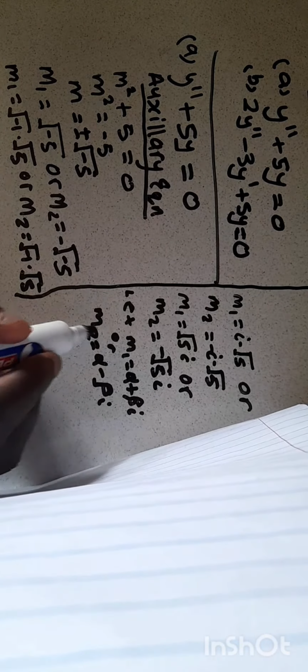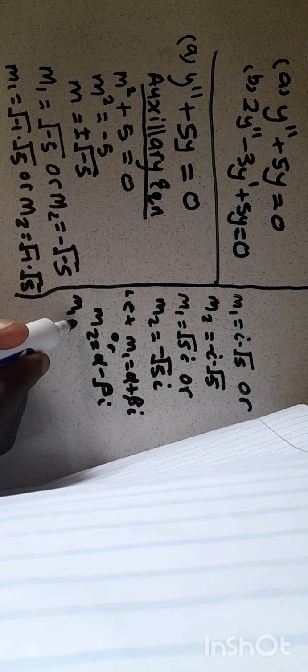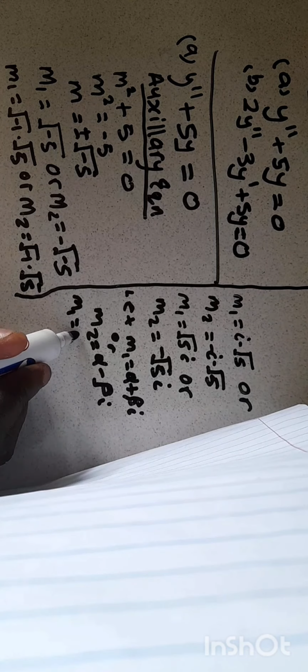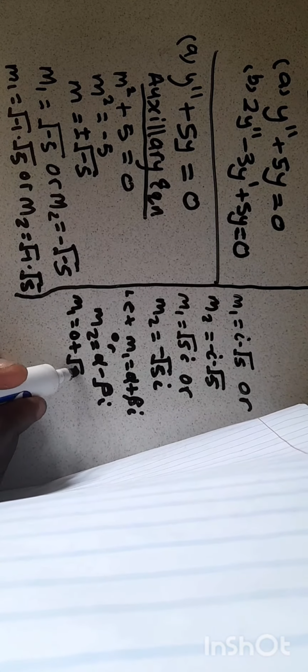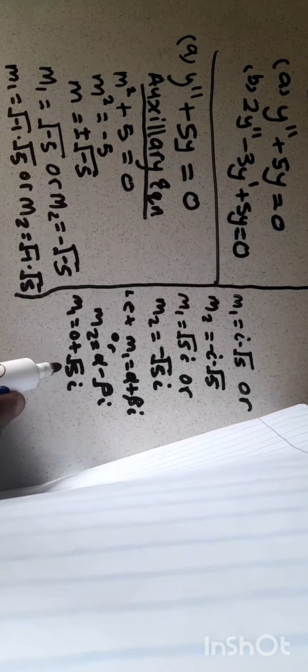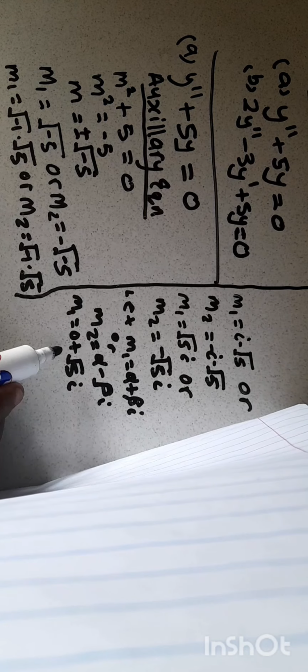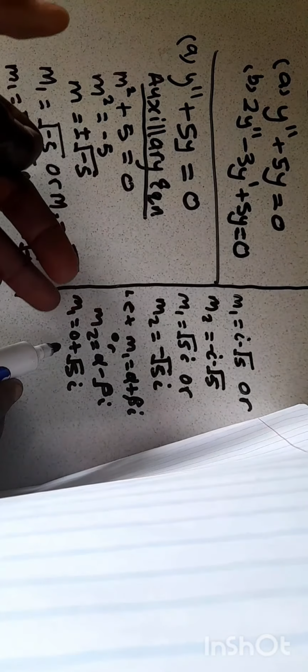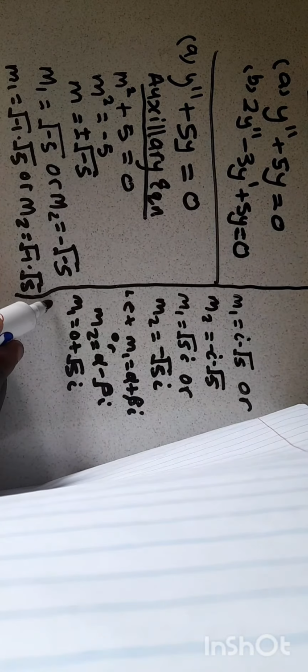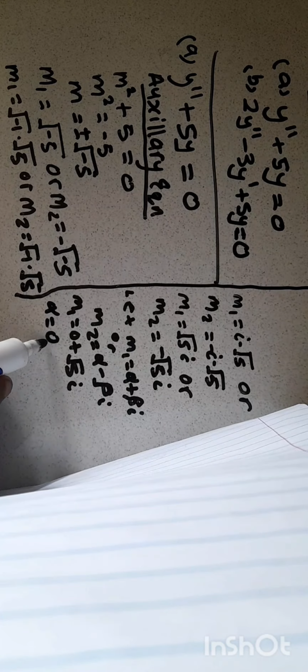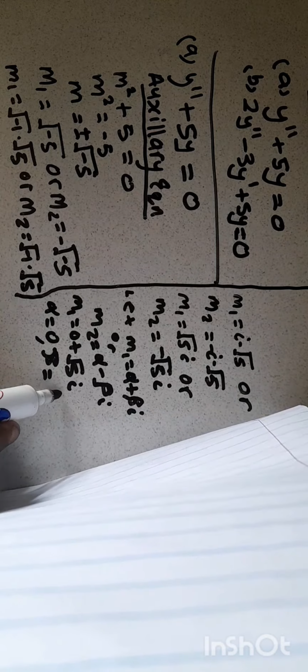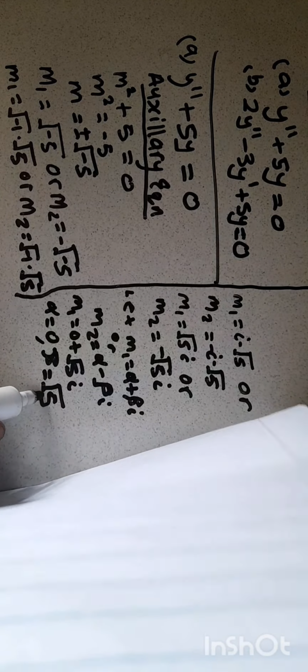I can write m1 as 0 plus root 5 i. Someone can choose to deal with m2, there's no problem. You can see that alpha will be 0, beta will be square root of 5.